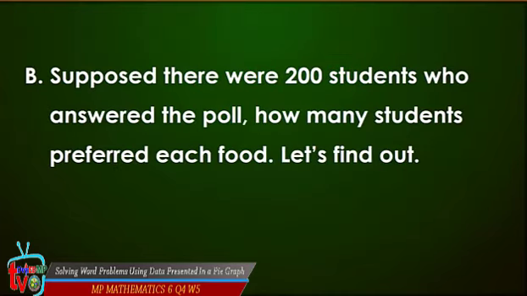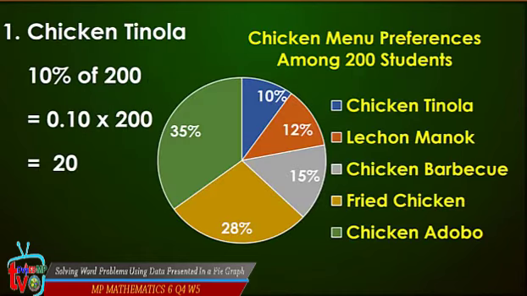Activity B. Suppose there were 200 students who answered the poll. How many students preferred each food? Let's find out. Number 1. Chicken tinola. 10% of 200 is equal to 10 hundredths times 200 is equal to 20.